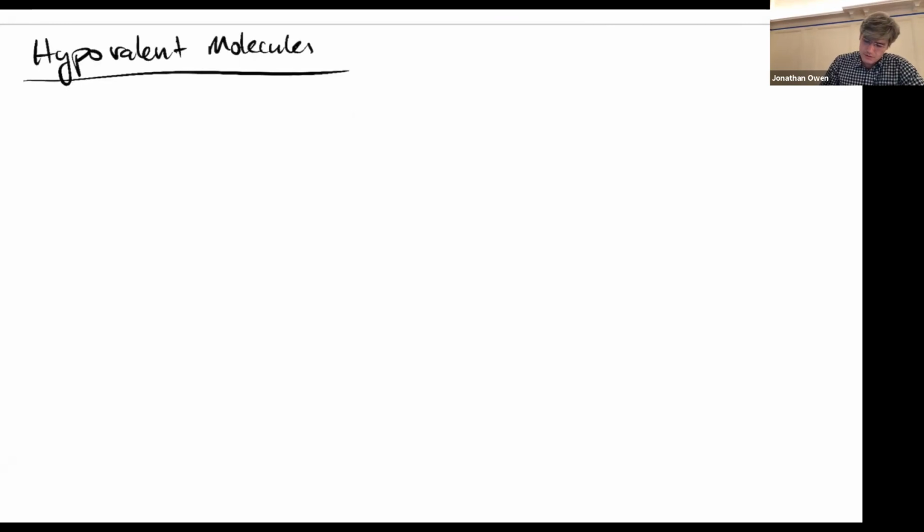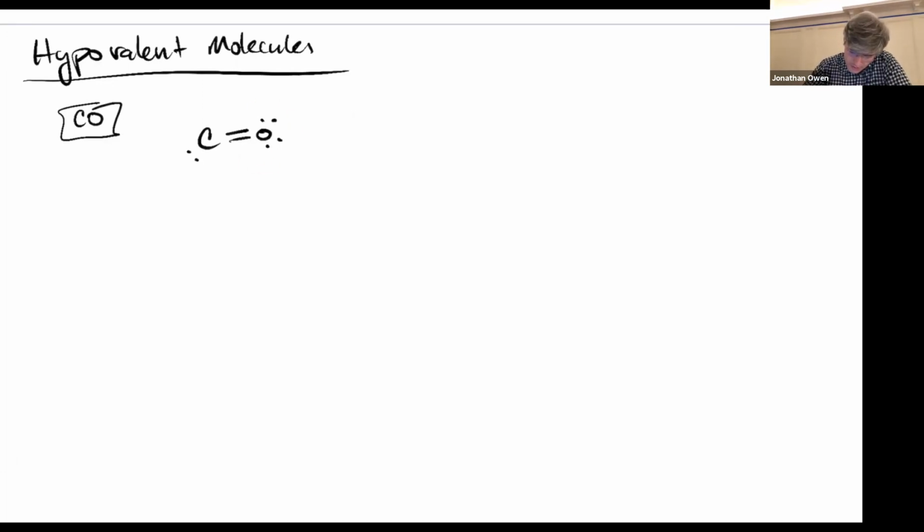Hypovalent molecules, they're a lot of fun. Carbon monoxide is a winner. Let's try and draw a valence structure for carbon monoxide. Here's one. And some problems here.